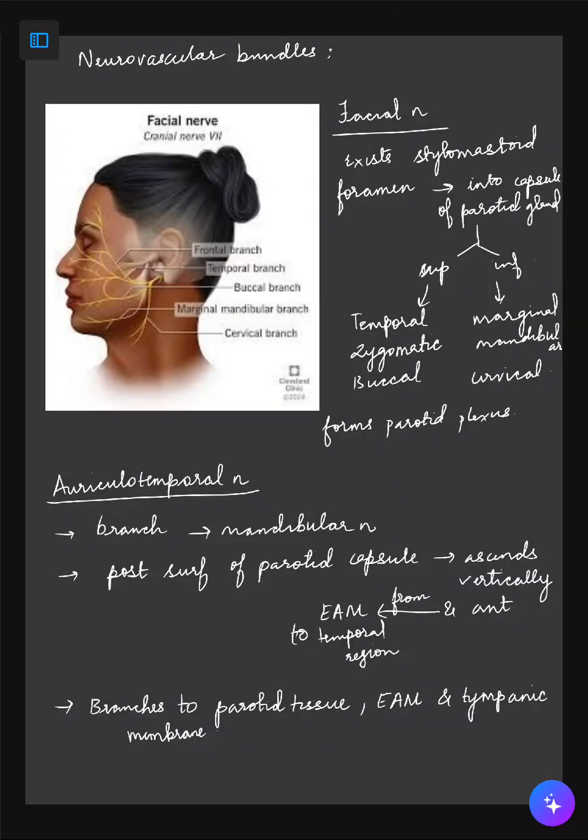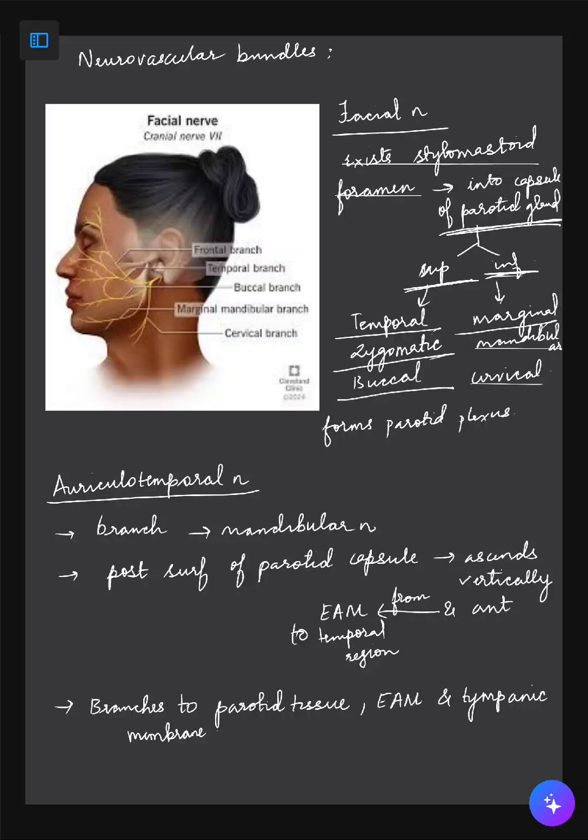Now what are the neurovascular bundles of this region? The facial nerve. The facial nerve exits from the stylomastoid foramen and enters the capsule of the parotid gland. Superficially there are the temporal, zygomatic and buccal branches, and inferiorly the marginal mandibular and cervical branches. These form the parotid plexus.